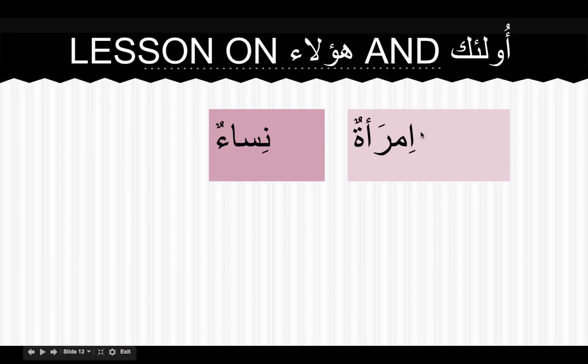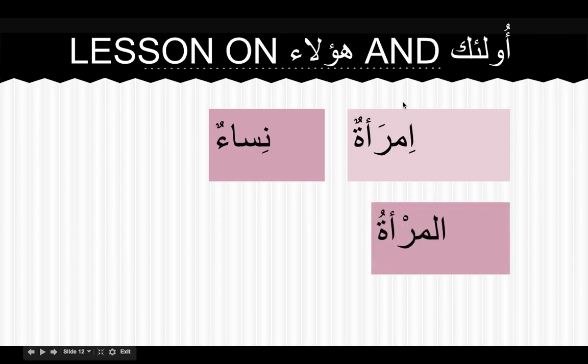We need to remember imra'atun, the plural is nisa'un. This is another change which this word undergoes when al is added. Normally when you add al, the whole word remains the same, but in imra'atun, when you add al, the alif, which is hamzatul wasl, is completely removed.